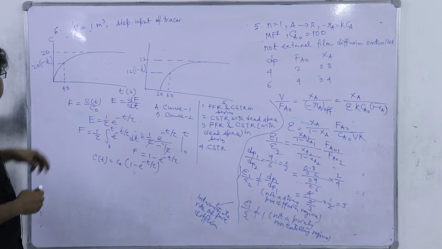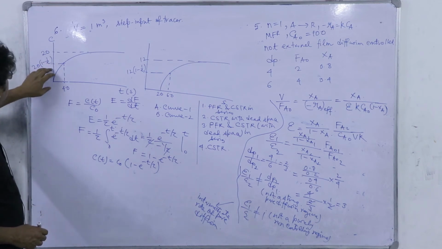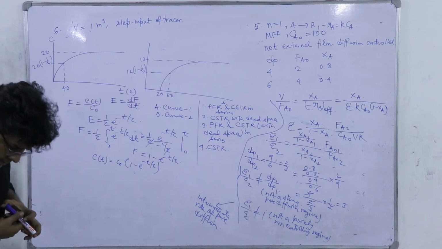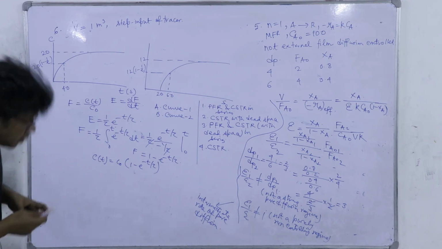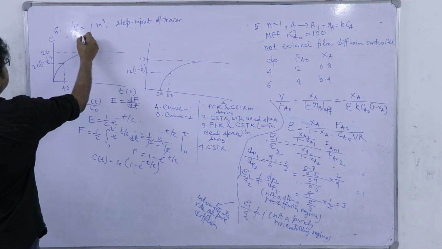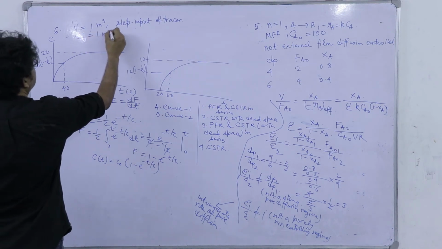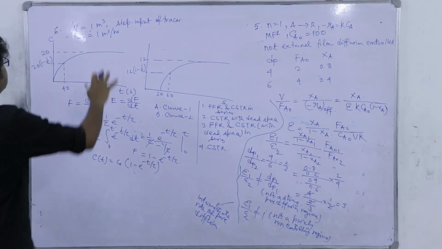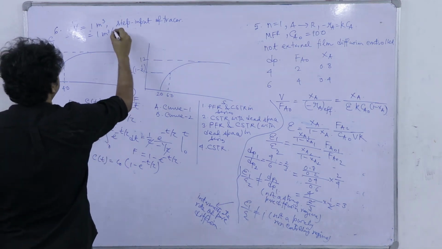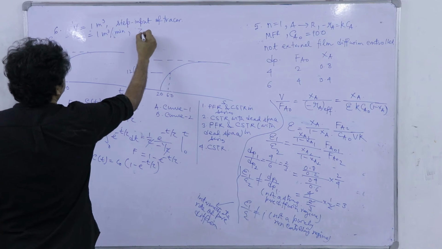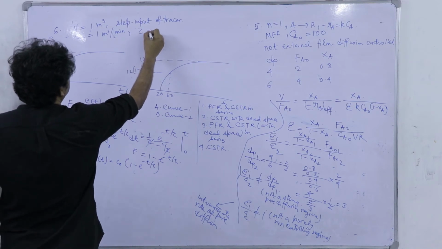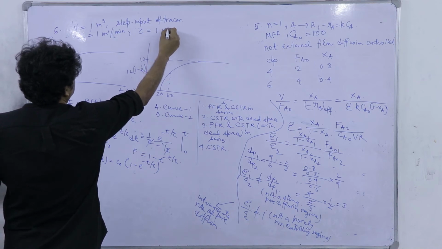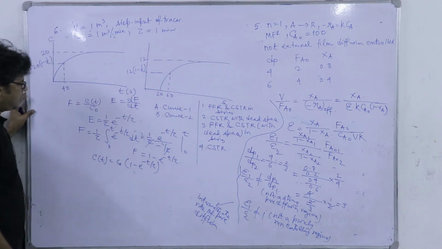Okay, fine. So, here this tau, flow rate is also mentioned. So, V naught is 1 meter cube per minute, not per hour. So, tau is 1 minute, right.